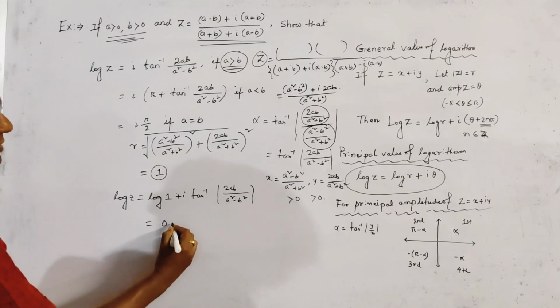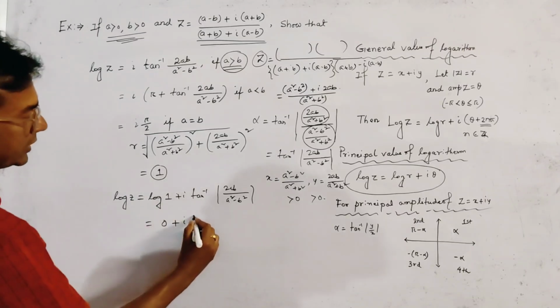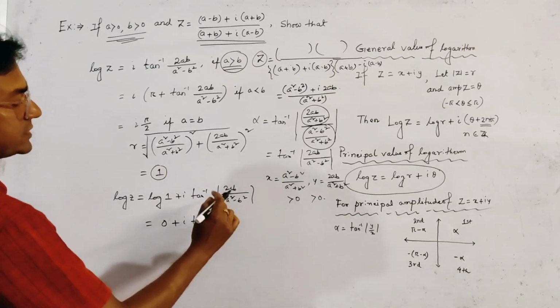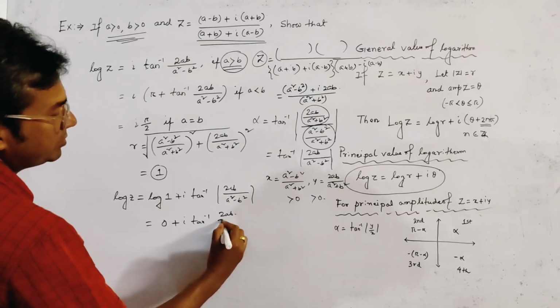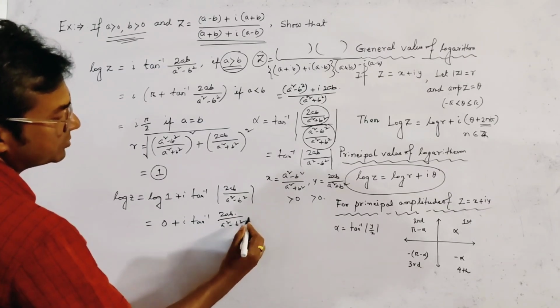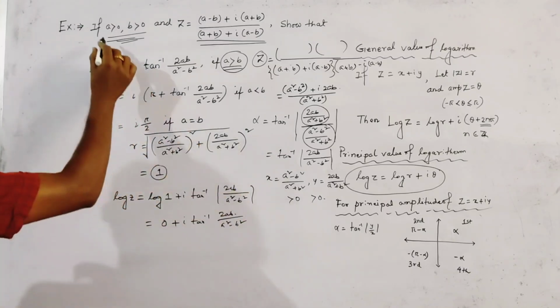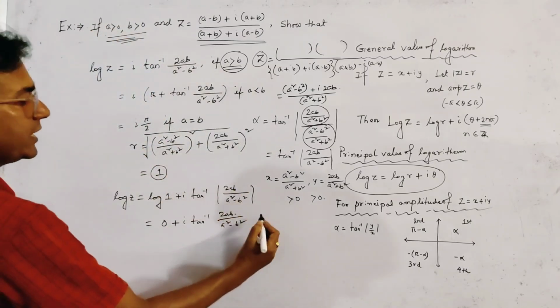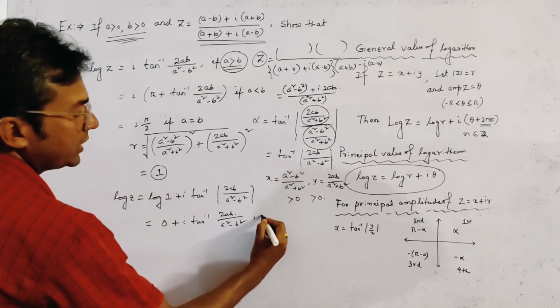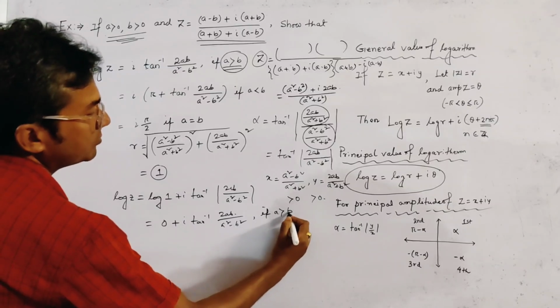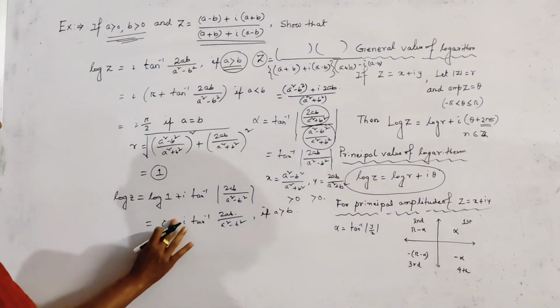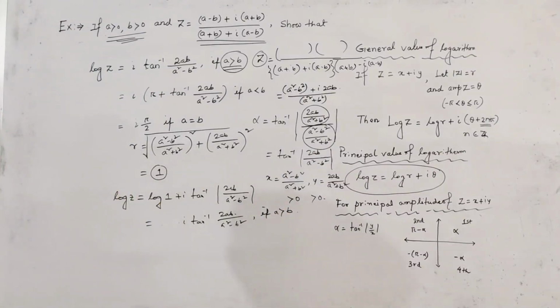We write this as 0 plus i tan inverse of 2ab/(a² − b²), because the product ab is greater than 0 and a is greater than b. This is the proof of the first case, right?